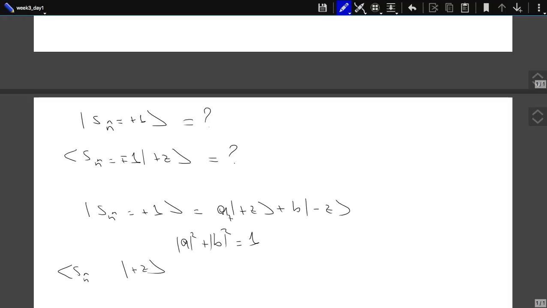Let's say a plus, a minus. So a plus and a minus squared, their sum is 1, S_n is equal to plus or minus 1. This will be a plus or minus, and with some plus or minus sign.